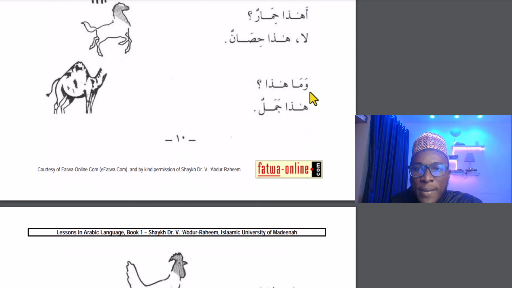So wama hadha, as you can see, he used wa. This particular wa that is in the front of this sentence is used for a conjunctive sentence. It is to complete a chain of sentences that has been coming, or let me just say a conjunction word, like and.